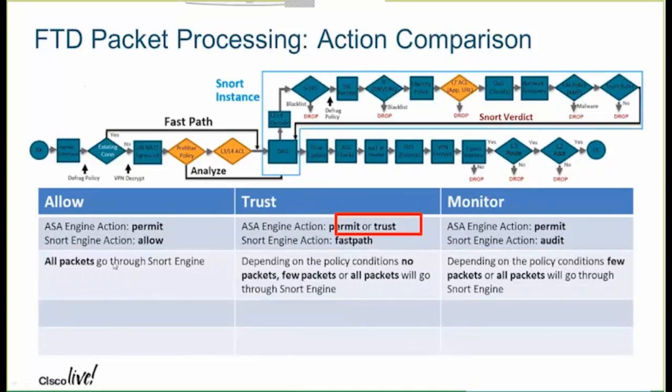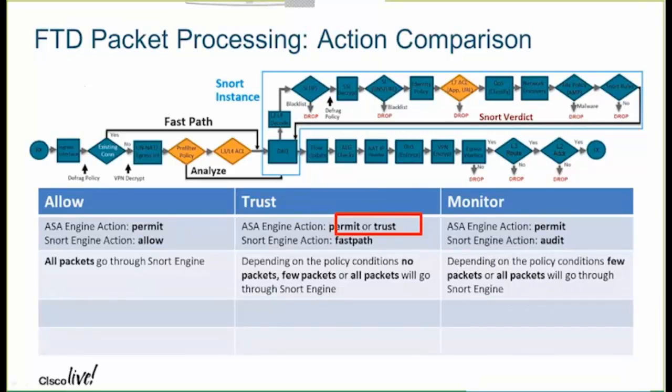In case of allow, all packets will go through the Snort engine. In case of trust, depending on the policy conditions, we would be inspecting at least up to L7. That is the reason why we mentioned that a few packets will go through the Snort engine, but it doesn't go through the complete processing of the Snort engine. In case of monitor, we go through the complete process of the Snort engine as well.